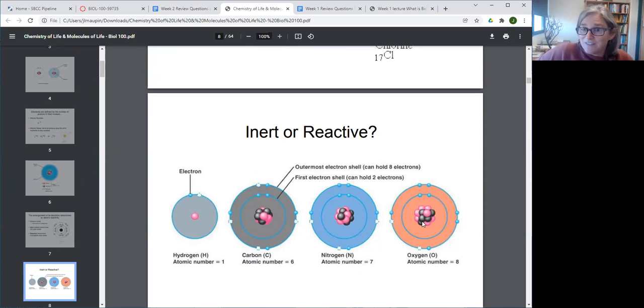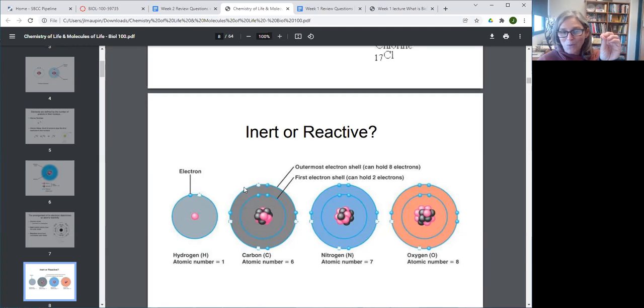They're all reactive, right? They all have spaces available in that outermost electron shell here. Hydrogen, because it only has 1 electron, it only has the 1 shell closest to the nucleus, but it has 1 spot available. So it's going to try to form 1 bond.